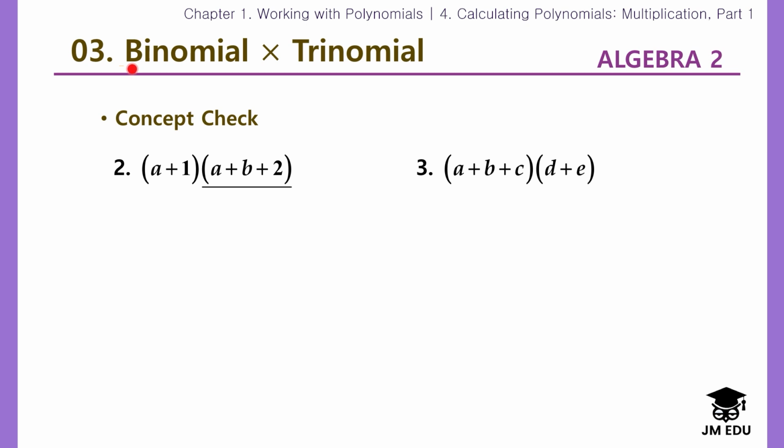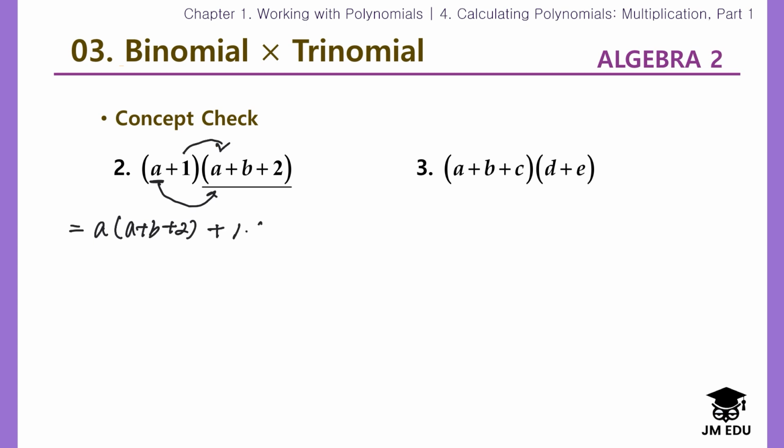When we multiply a binomial by a trinomial, we can also use the distributive property, which means a times all of this expression, plus 1 times all of this expression.